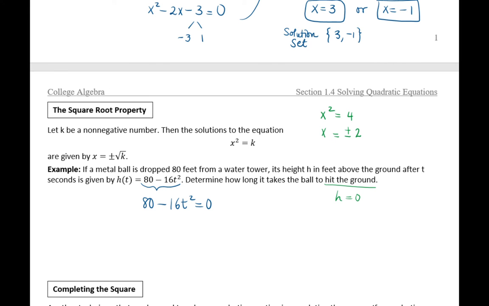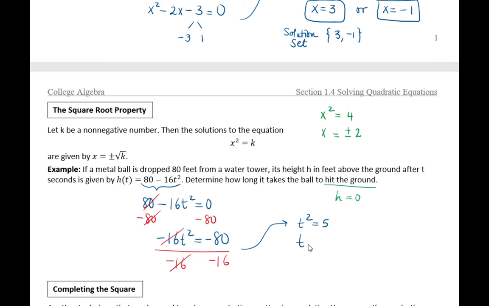You can subtract 80 from both sides. So these two will cancel. So I have negative 16t squared equals negative 80. Then I can divide both sides by negative 16. So these two will cancel, and I have t squared equals 5.